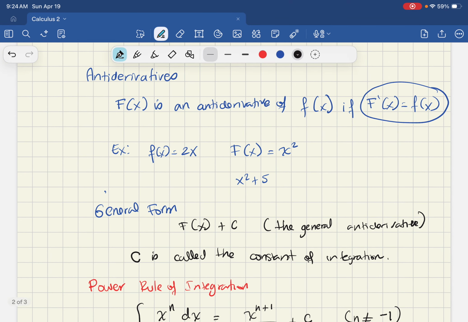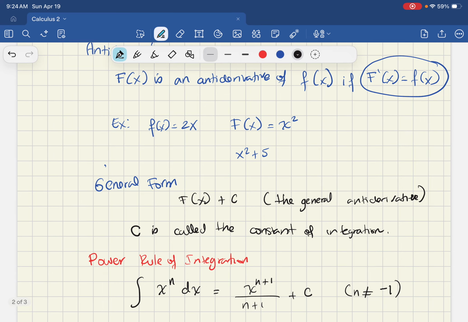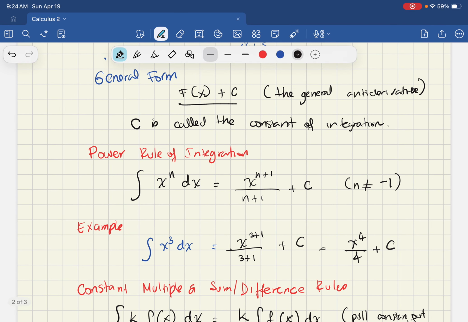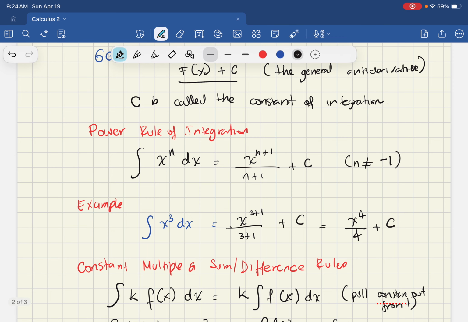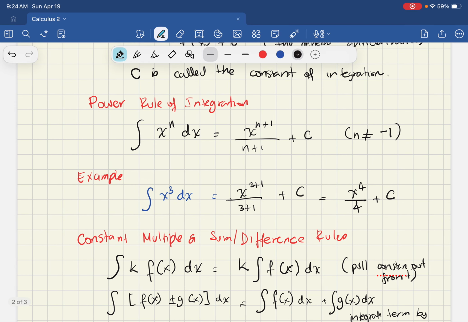The general antiderivative always includes plus c, and the power rule is the integral of x to the n dx, which is equal to x to the n plus 1 over n plus 1 plus c, and please be mindful that n cannot be equal to negative 1 for the power rule. The constants pull out, and sums and differences split apart. And finally, initial conditions let you solve for c.